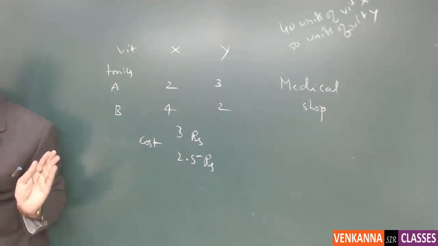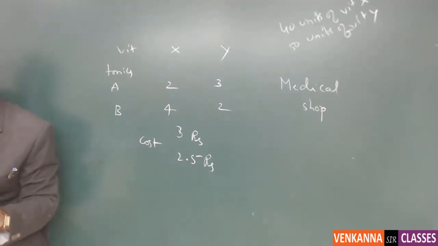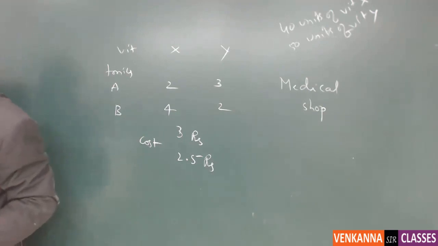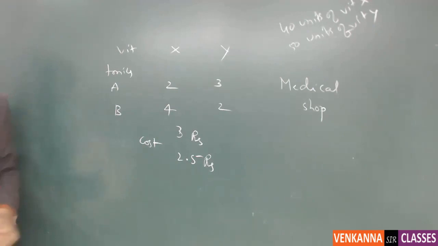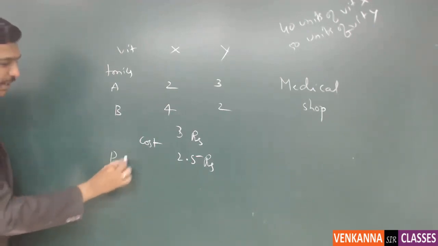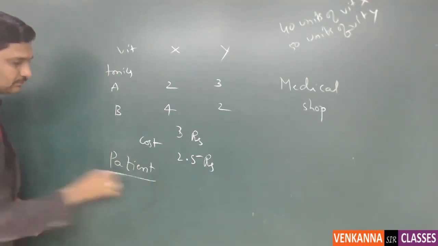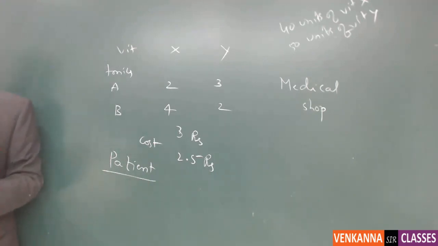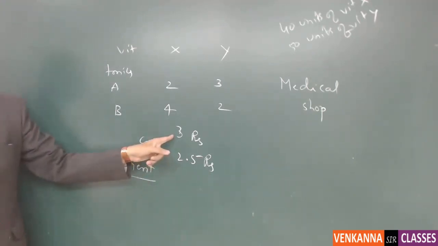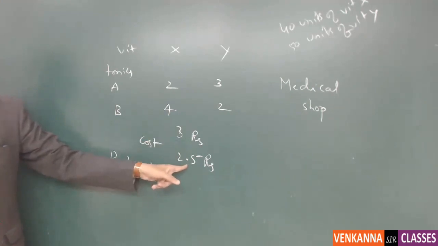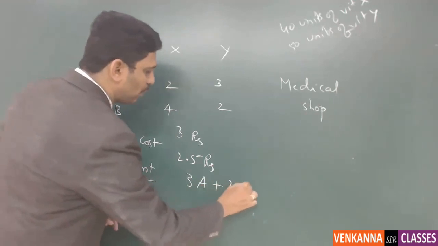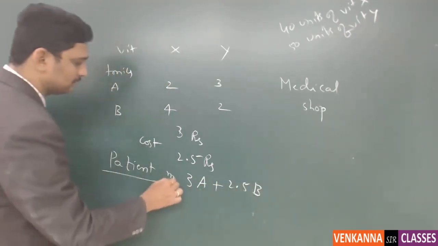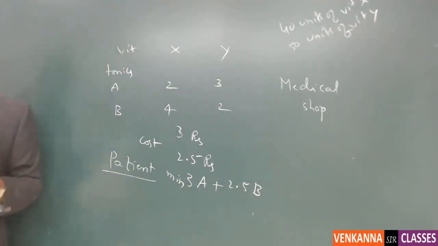If I construct the LP formulation for the patient, it will come like this. Since I am the purchaser, I want to minimize my cost. Tonic A costs 3 rupees, tonic B costs 2.5 rupees. It will be minimize 3A plus 2.5B in the perspective of the patient. And what happens?